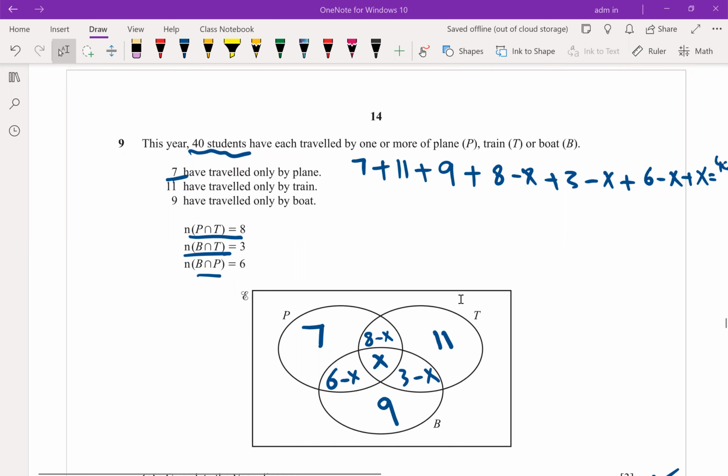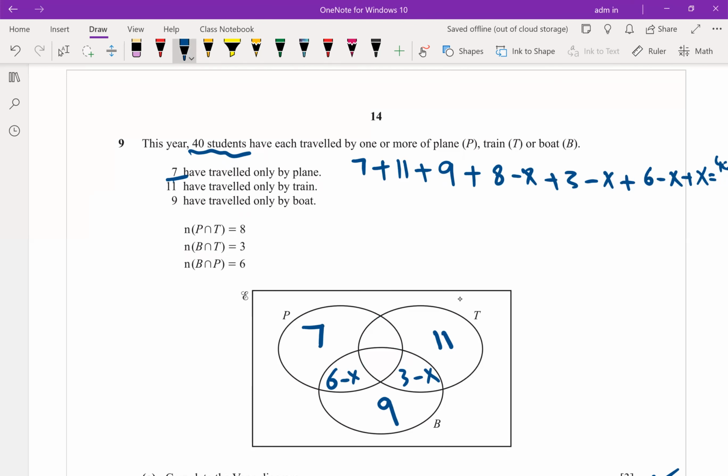I will repeat this part again. When I write P intersect T, which part is it? This part. So this part is 8, but we don't know how it splits.